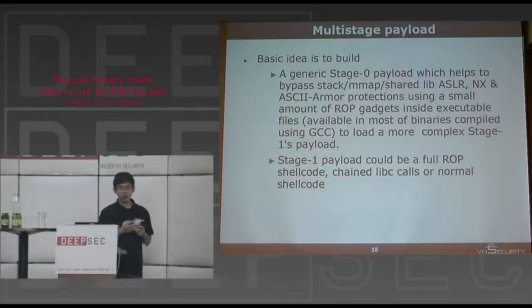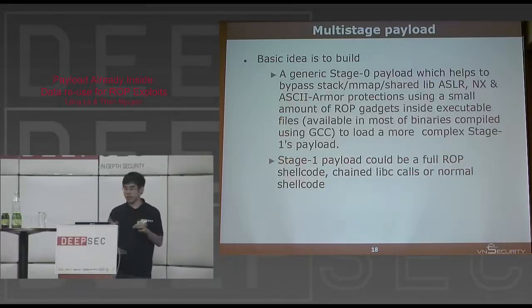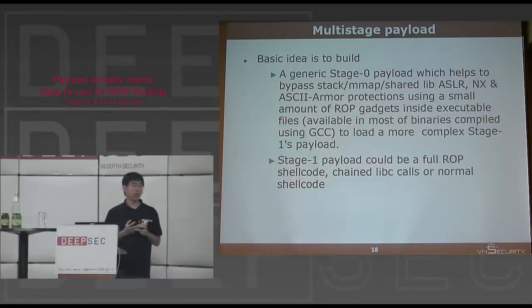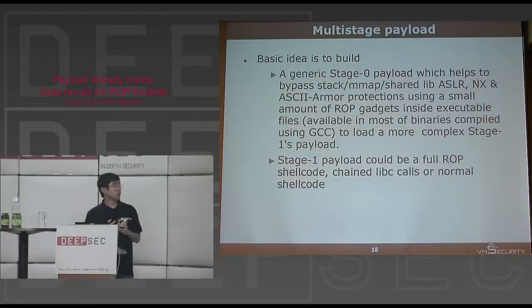The reason, like I mentioned before, is that ROP in general is nice to have. However, the number of real ROP gadgets inside the executable file is limited, and it's very dependent on the binary. So the idea here is to use only a few gadgets that are available in most binaries.